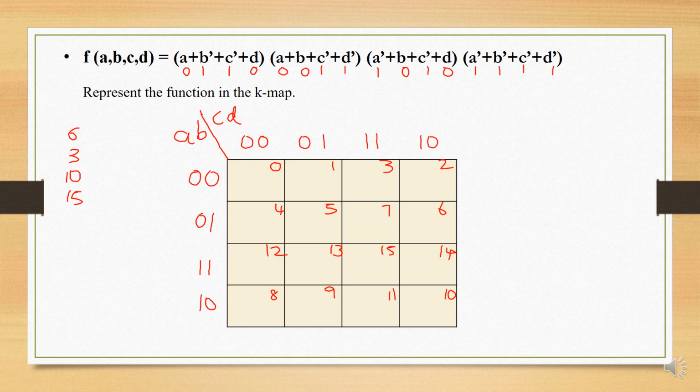We have already seen that for cell numbers 6, 3, 10 and 15, we are going to place logic zeros. For the remaining cells, you will place logic 1. So this will be the representation of the K-map for the given max term canonical form.